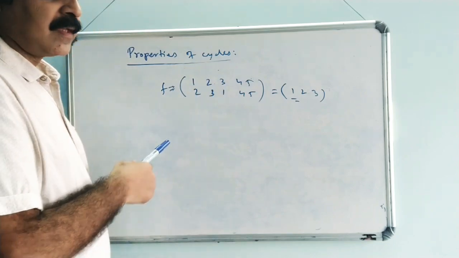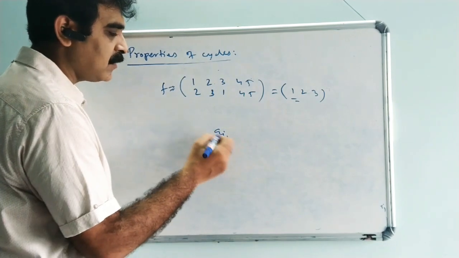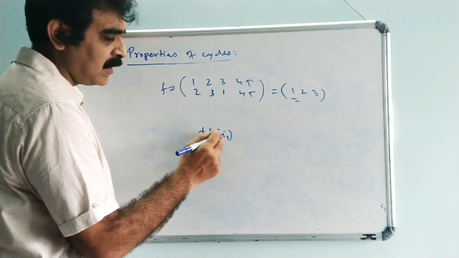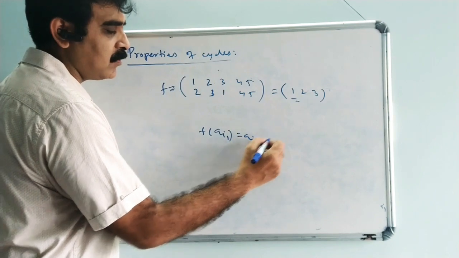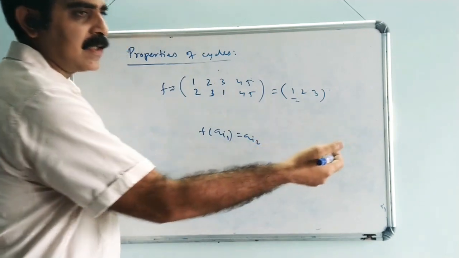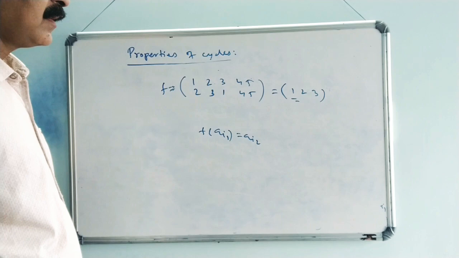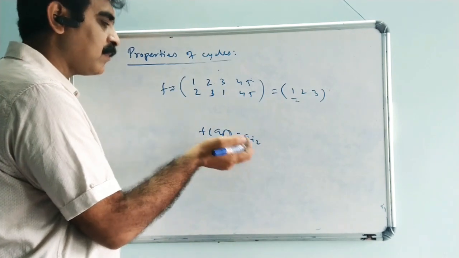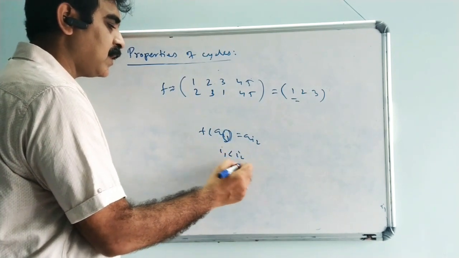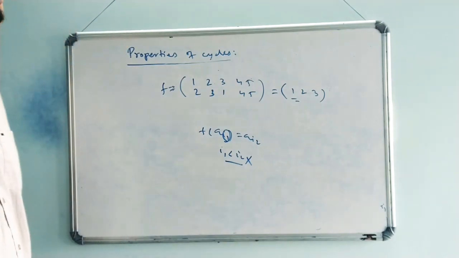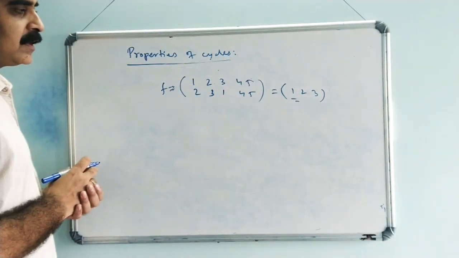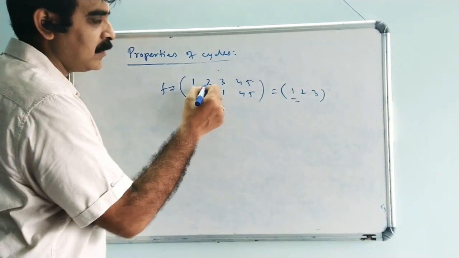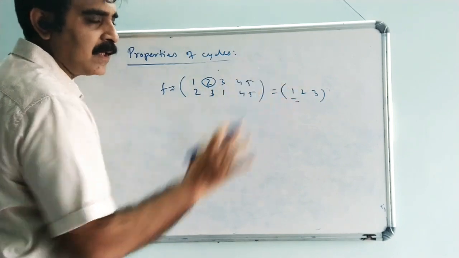In the definition of permutation, we use the first element, f of ai1, the image of ai1 is ai2, the image of ai2 is ai3, and in this way. It is not mandatory that i1 is less than i2, there is no such condition. Therefore, we can begin to think about this permutation from this element, or from any other element.